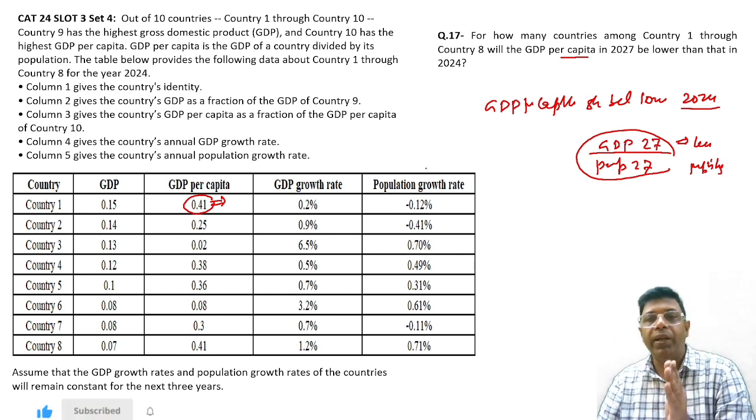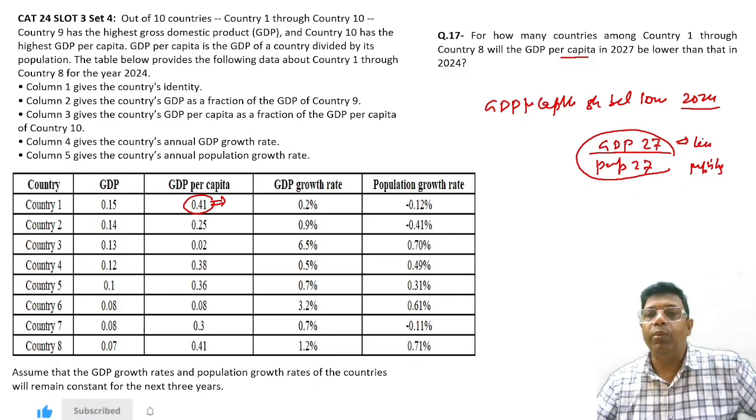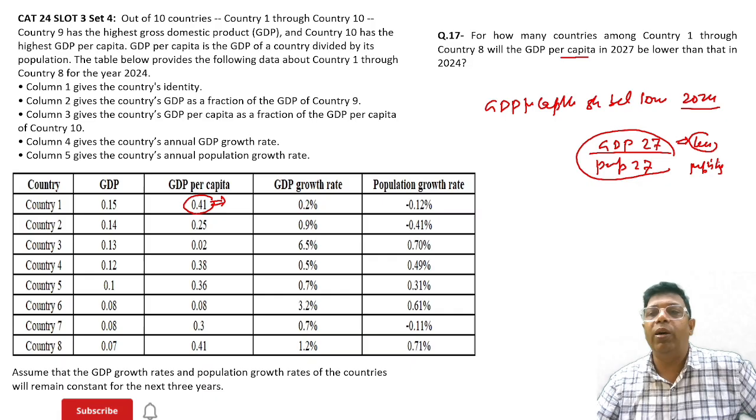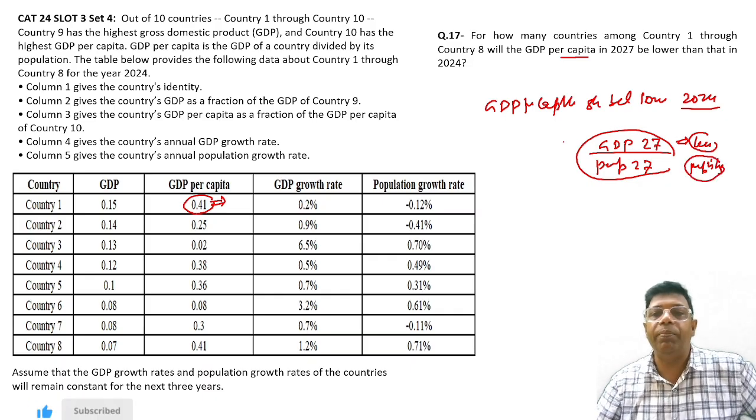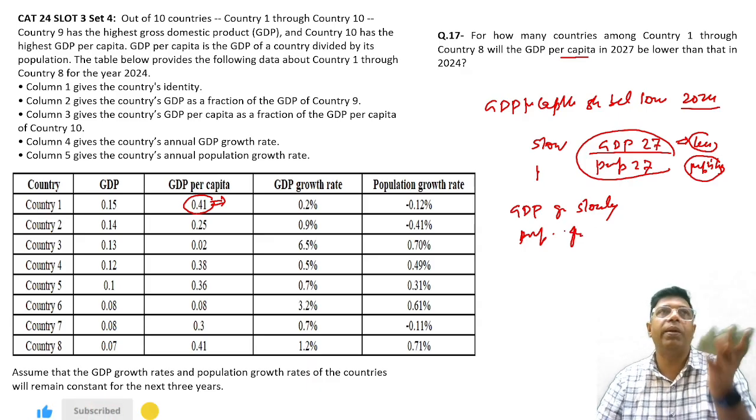Now GDP per capita 27 will be lower when, right? When the numerator is less and the denominator is bigger. It means if GDP is growing slowly and population is growing rapidly, like GDP growing slowly and population growing fast, then this thing will happen. Your GDP per capita will become lower.